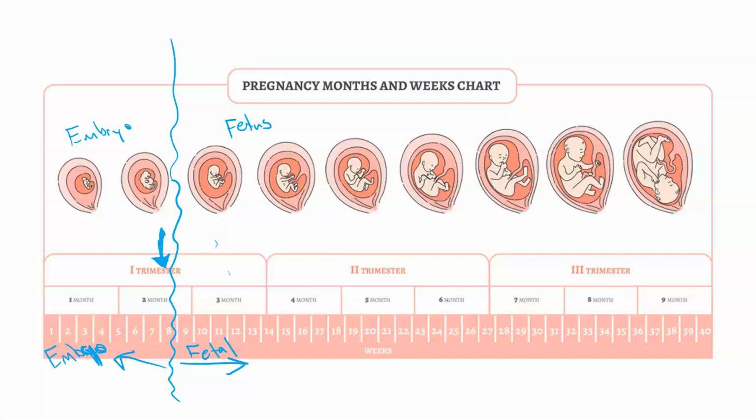Now, a baby could be born as soon as about 24 weeks. That would be a very early baby, and it all sort of depends on the mass. If the baby is less than, I think they usually say, about 600 grams, it probably can't survive outside of the womb. If the baby is more than 600 grams, so that would be a little more than a pound, then it would have a chance at surviving outside of the womb.